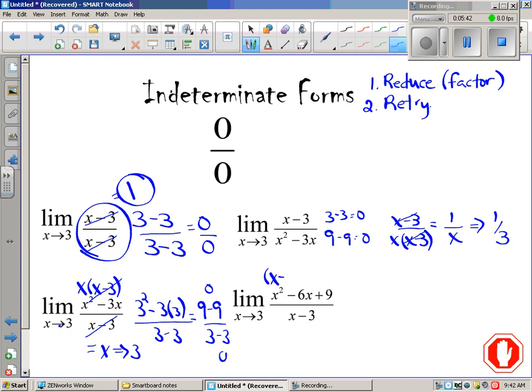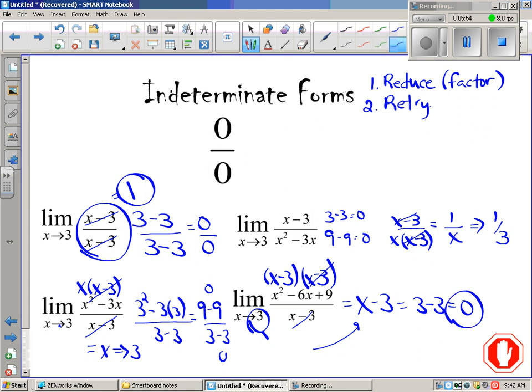So I have x minus 3 and x minus 3. So the x minus 3's divide out. I'm left with x minus 3. Now I'm going to plug the 3 back inside, giving me 3 minus 3, or 0. So it's not that the answer can't be 0. It's that we're going to reduce it and retry it. Okay? So that is how to read a graph and then how to evaluate 0 over 0.